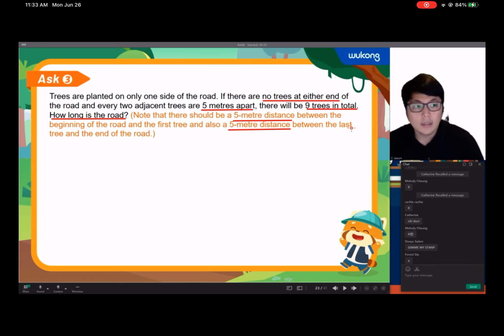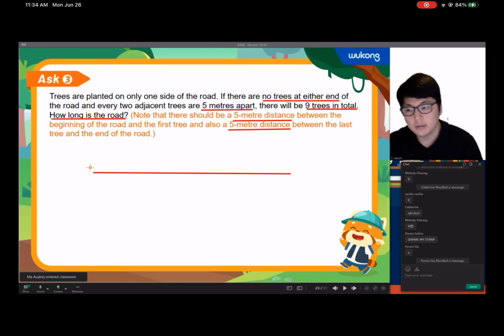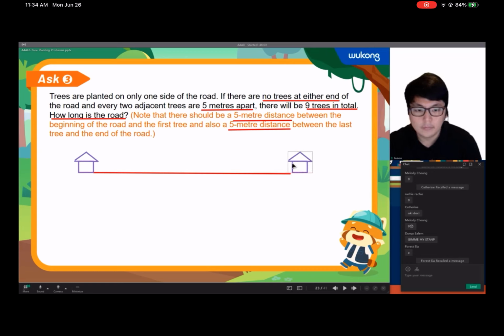Okay, all right then, let's draw some pictures. So we have a road. Forest, stop, pay attention. So now we have 2 buildings. Nice.